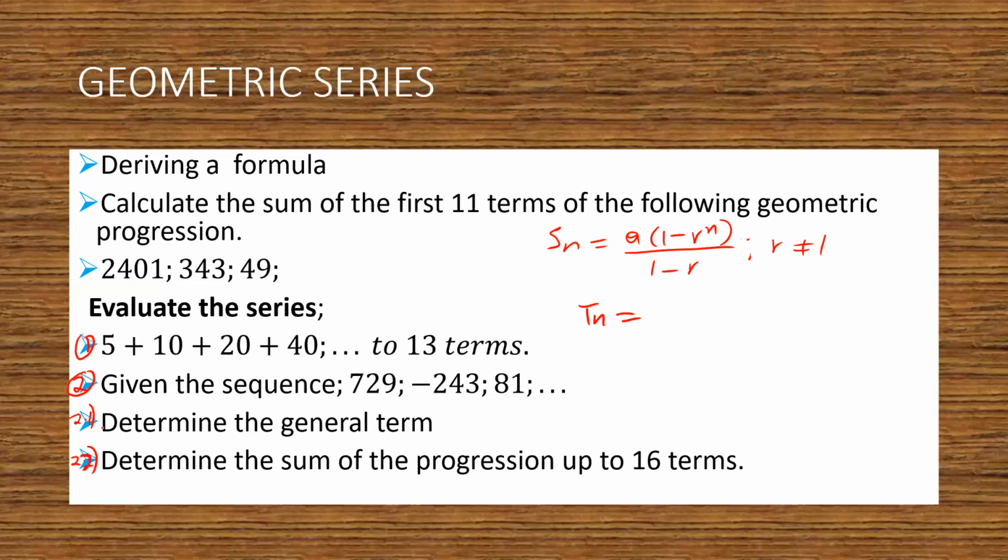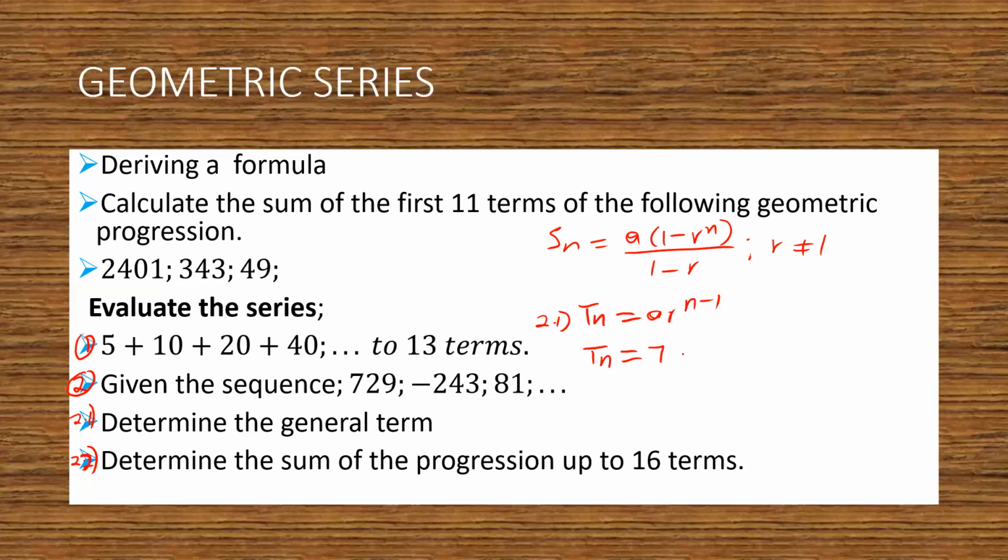Tn equals, is it ar to the power of n minus 1? Mm-hmm. And then A is 729.